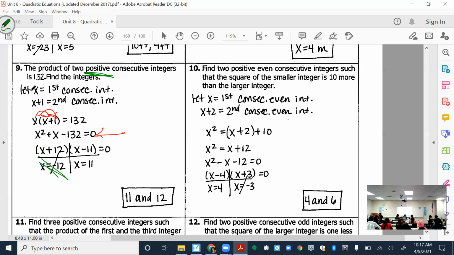If my first number is x, and x equals 11, then my first number is 11. If my second number is x plus 1, so 11 plus 1, my second number is 12.